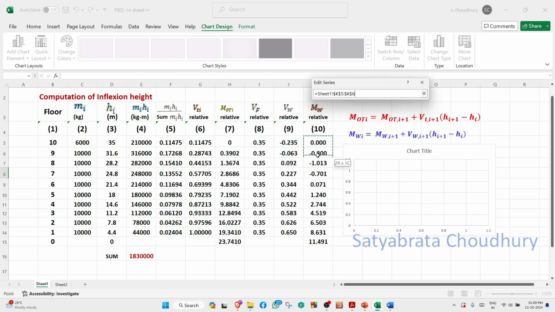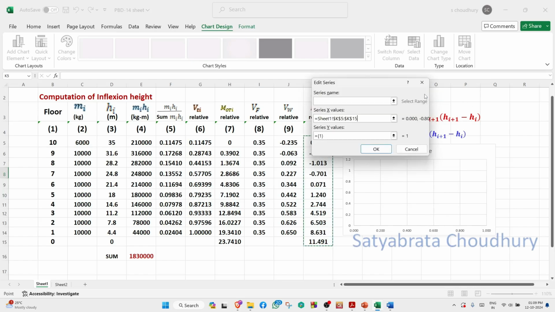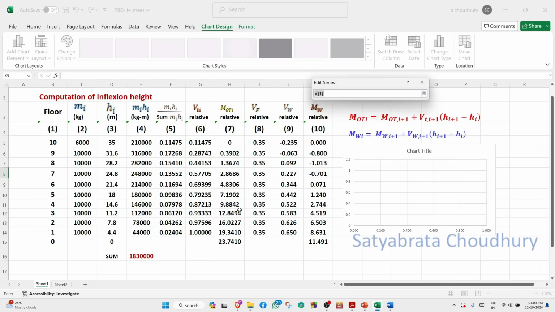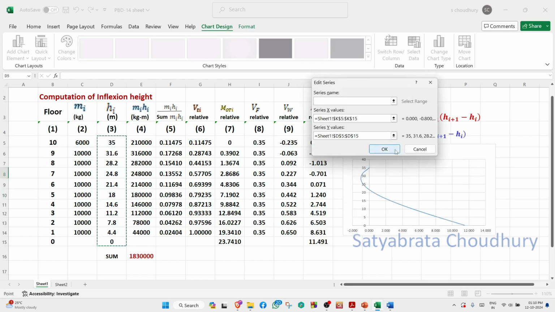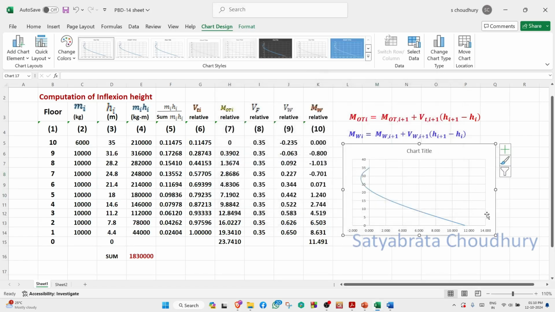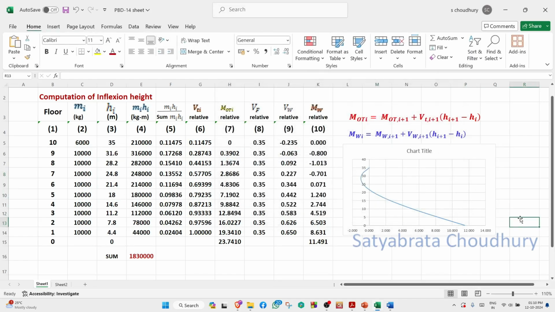These we shall put along the x-axis, and the y-axis are the heights of the building. So in the y-axis, let us put this column, which are the heights, up to 0, and this is the wall bending moment diagram. So somewhere here it is 0, so we have to establish where it is 0.